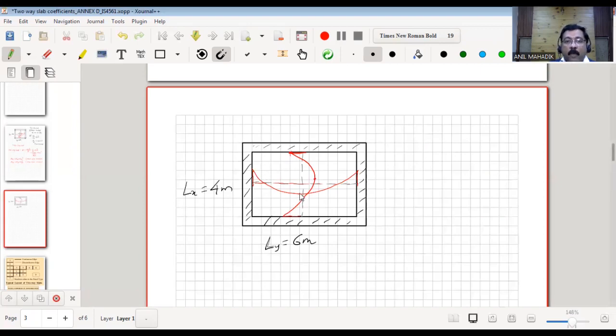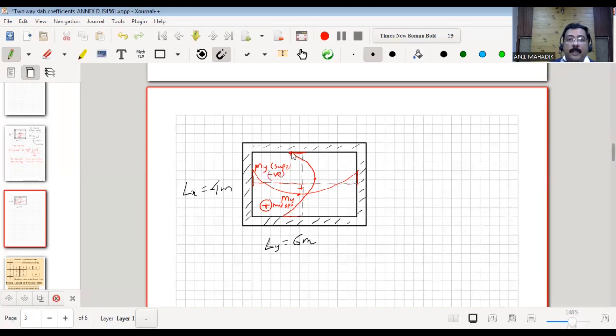That means we have a moment at mid span. This will be My, as it is the longer span, and My at mid span, and that too positive, because it is at the bottom. This we consider as positive. This is a support moment which is negative. Again, it is My, but it is the support moment, and it is negative.